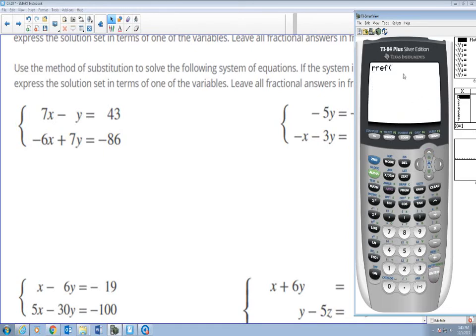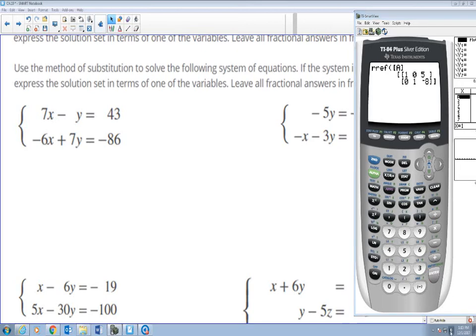Press enter. So now my calculator takes me back to my home screen. Row reduced echelon form of who? So go back to the matrix again, select number 1 under names, because that's where I edit my matrix, and press enter.